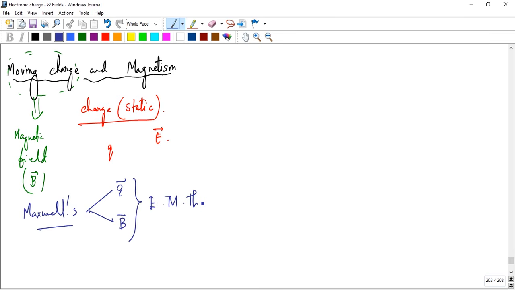That is very important in our daily communication, because mobile communication, telecommunication and satellite communication are related to Maxwell's equations and Maxwell's electromagnetic theory. We can't ignore that. So that's why the magnetic field and electric field both are important.